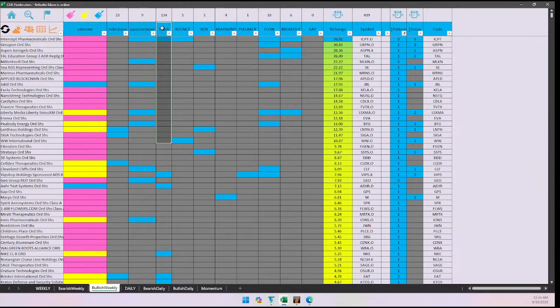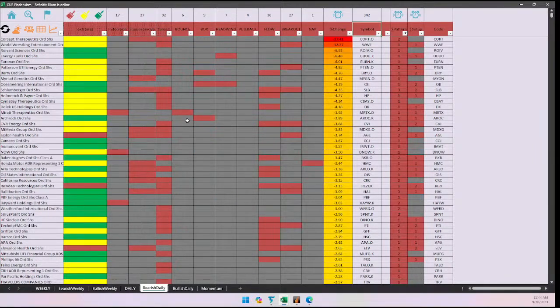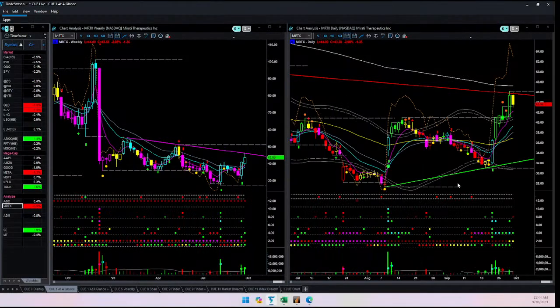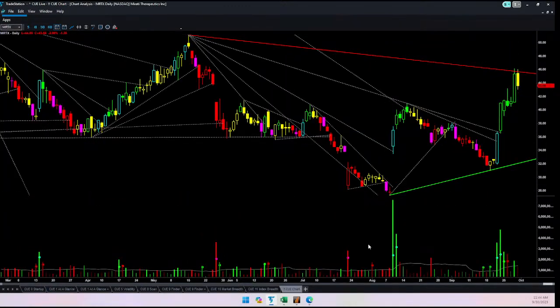So I found Ardmore Shipping, ARD, Ardmore Shipping ASC using the stocks that were touching weekly trendline support, and I found MRTX, Mirati Therapeutics, using the bullish breakout while the market was still coming down, and this is how MRTX worked out.